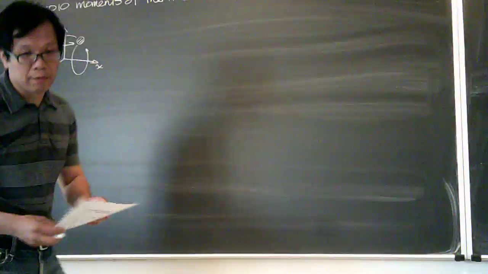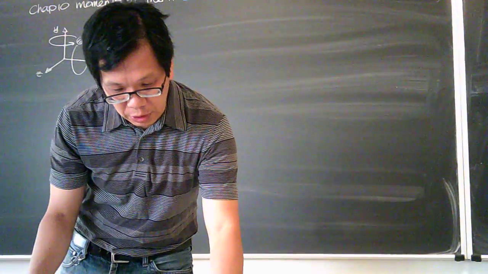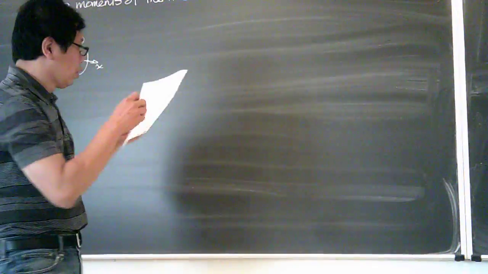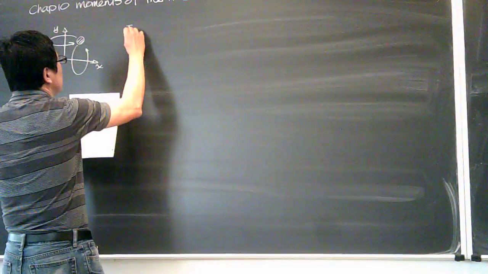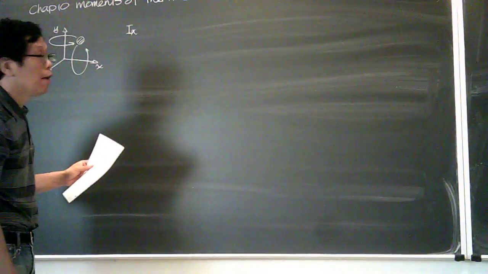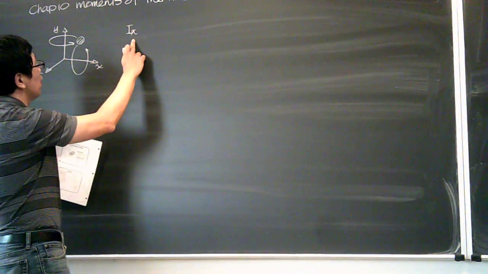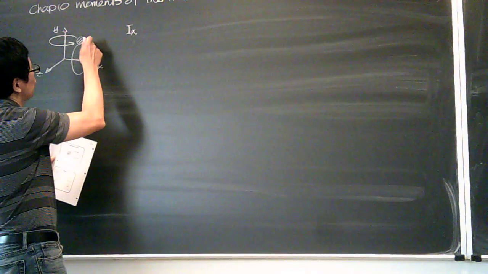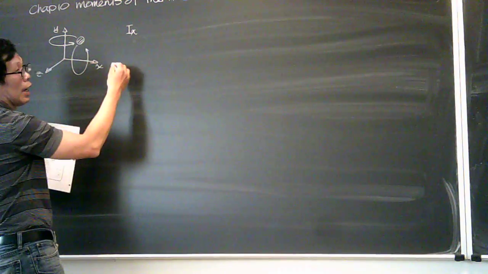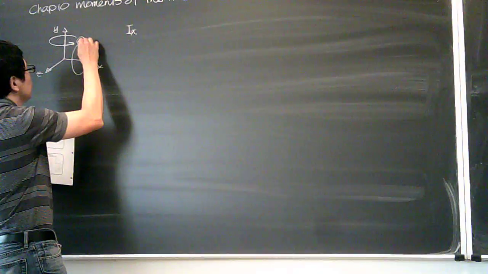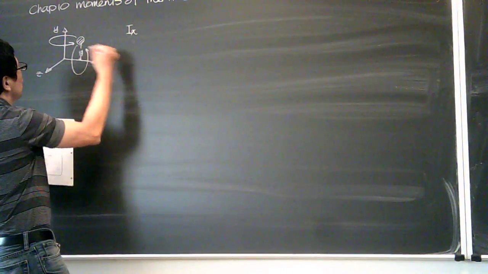So when we try to calculate this part, we define moment of inertia based on, if I have Ix, which is rotating around the x-axis, the distance over here is y.